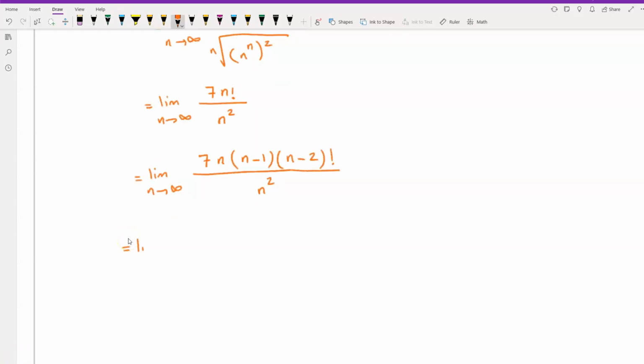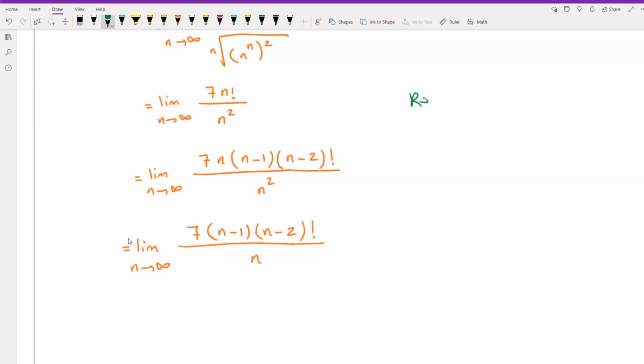So simplify this part, n divided by n cancels, and we're going to have n in the denominator. So we have 7 times n minus 1 times n minus 2 factorial divided by n.